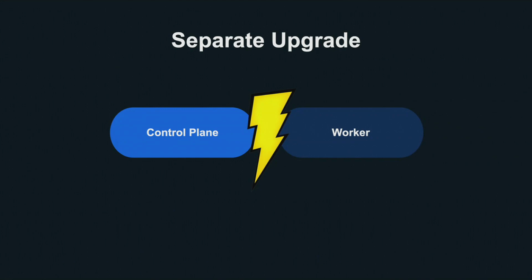The first improvement we implemented on the Rancher side is separating the upgrade process of control plane and worker. The control plane will be upgraded first, and the user can choose when and which worker nodes are upgraded. That is a small improvement we made based on the Rancher implementation.